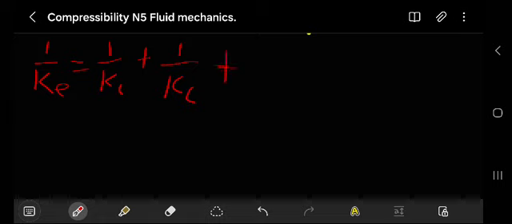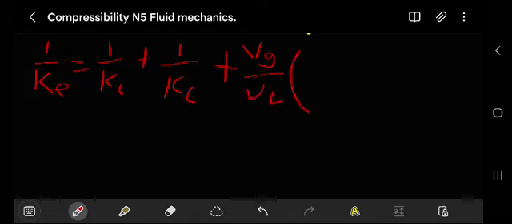It's 1 over KE, right? The formula is equal to 1 over KL plus 1 over KC, then plus VG over VT, right?